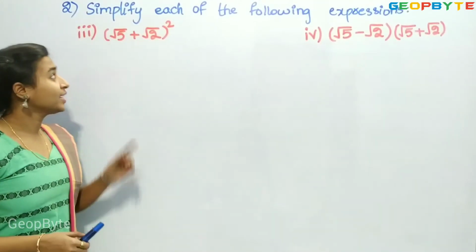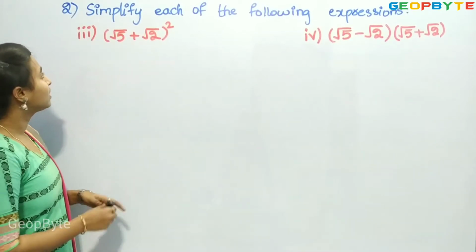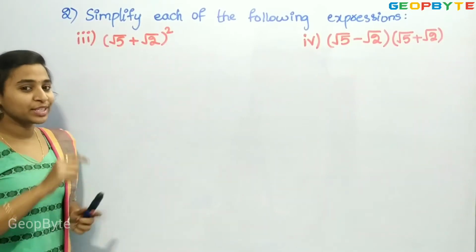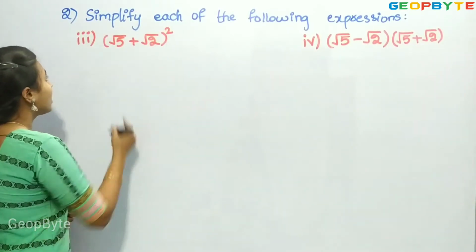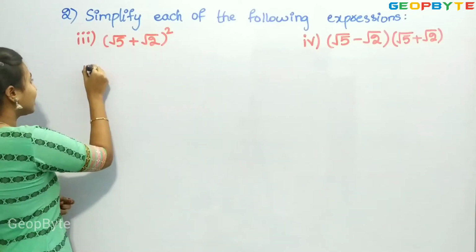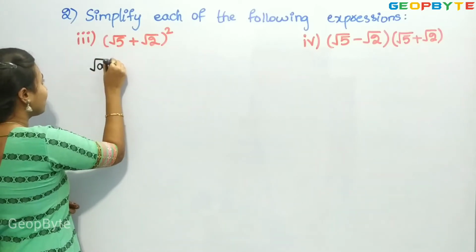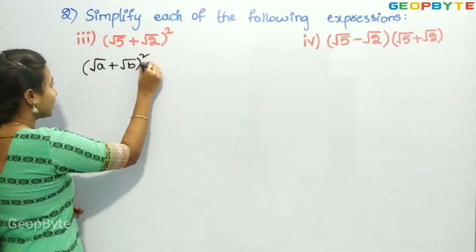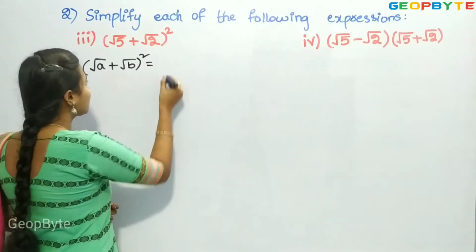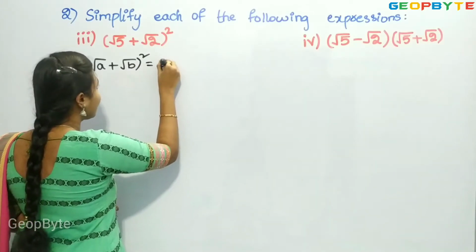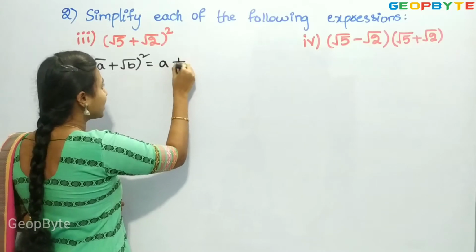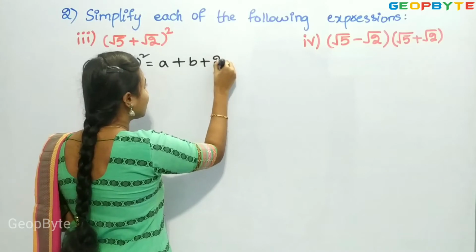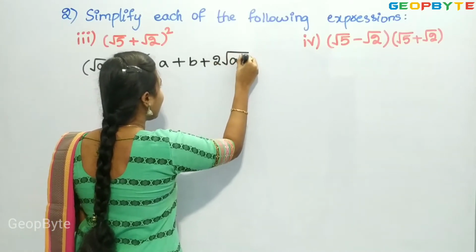Now let us see the third one. We have (under root 5 plus under root 2) whole square. It is in the form of (under root a plus under root b) whole square. We have seen this identity. So the answer is a square, that is nothing but a, plus b square, that is nothing but b, plus 2 under root ab.